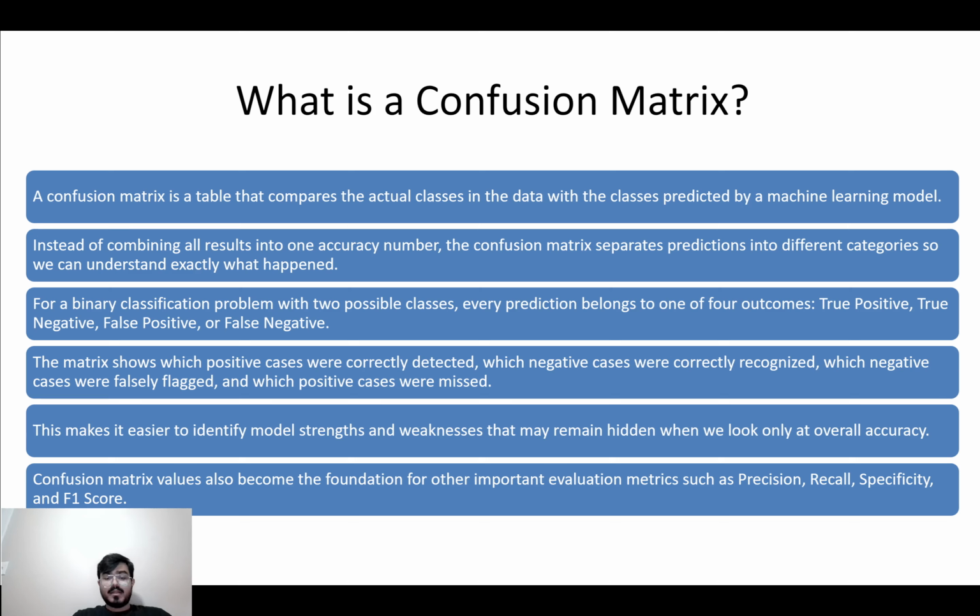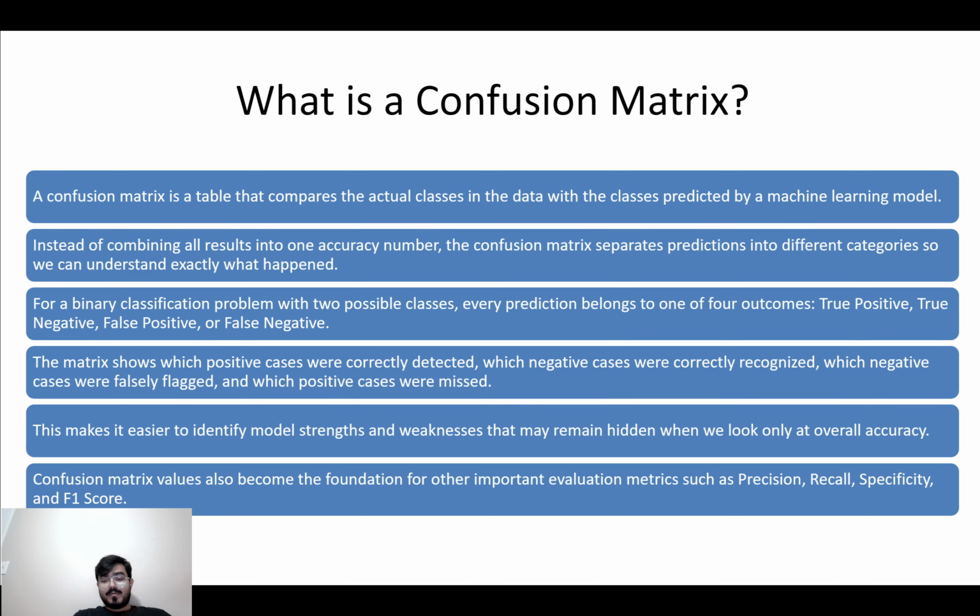For a binary classification problem, where there are only two possible classes, such as fraud and not fraud, every prediction belongs to one of four possible outcomes. These outcomes are true positive, true negative, false positive, and false negative. Each outcome tells us something different about the model performance.